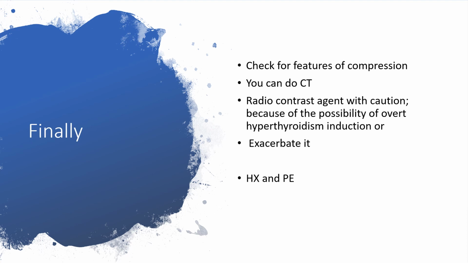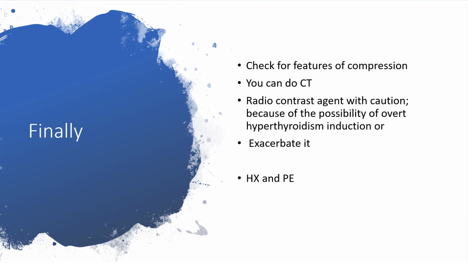It's because of the possibility of overt hyperthyroidism when you administer your radio contrast agent. Or in someone with low TSH, high T4 and T3, that is hyperthyroidism, you can exacerbate that. And of course, it will be wise to take a thorough history and a thorough physical examination.